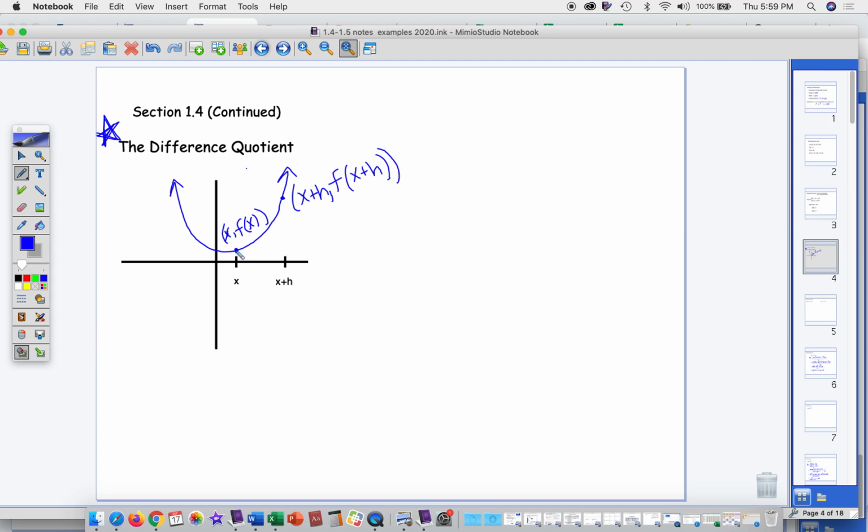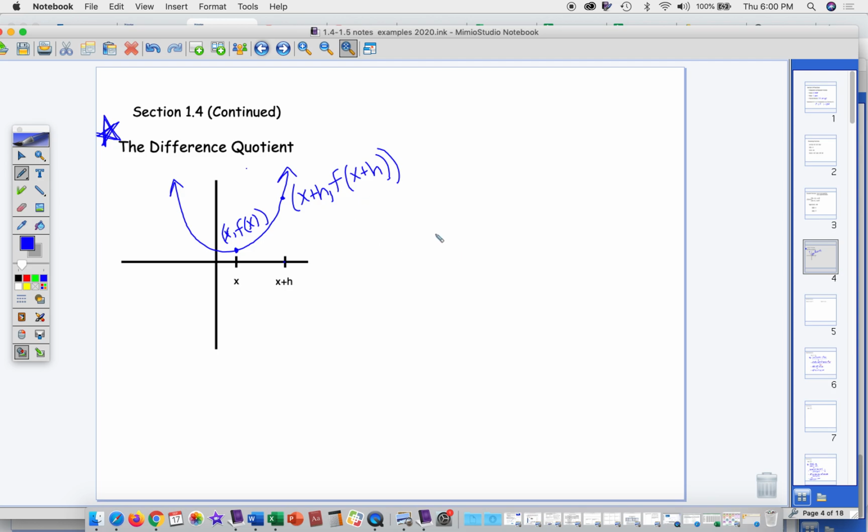We have 2 points here on the graph, which I've labeled as x, f of x, and x plus h. This x value is h more than this one. So it's x plus h, f of x plus h.